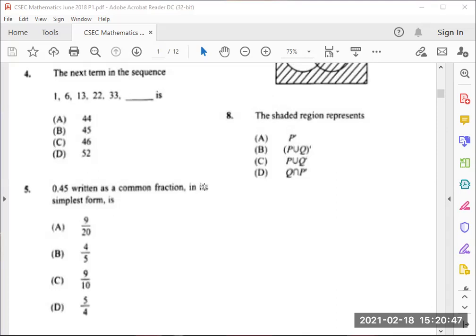Anybody else? Sir, I was thinking along the line of 44, sir. 44. Look at it, think again. Okay.